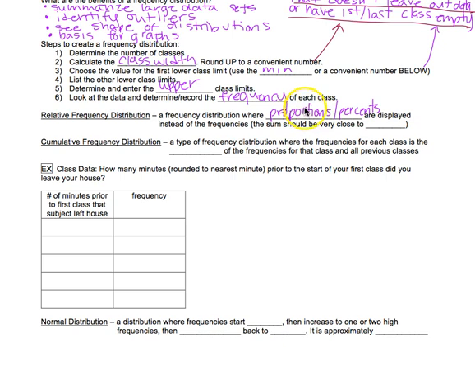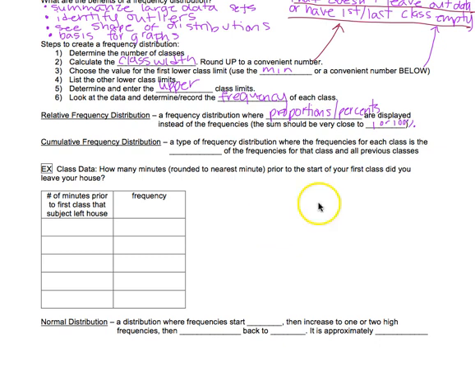So proportion would be a fraction or a decimal. So instead of having the actual number of times that particular class appears, we would have the percentage or the decimal or the fraction of times that it appears. When you have a relative frequency distribution, you need to make sure that the sum of all of those relative frequencies should be very close to 1 if we're talking proportions, or 100% if we're talking about percentages. Because if it doesn't, then there's something wrong.